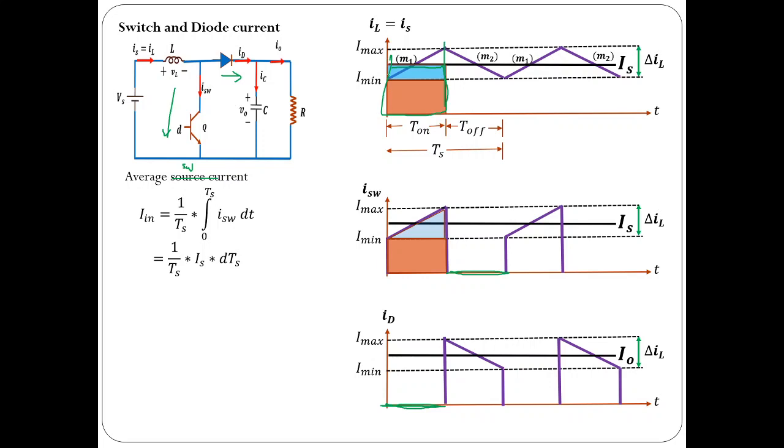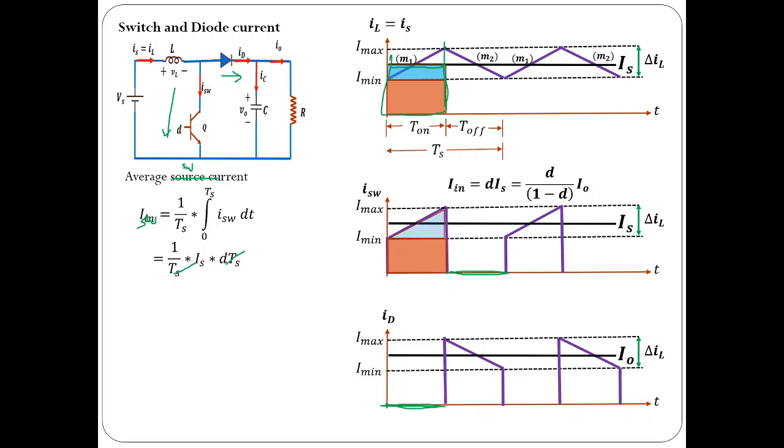And what is this area? Instead of computing this area, let me compute this area. If I do that, I would get this value is equal to Is into dTs. Ts is going to be cancelled out. So then the current through the switch, I'm sorry, please make this correction, it is I switch.